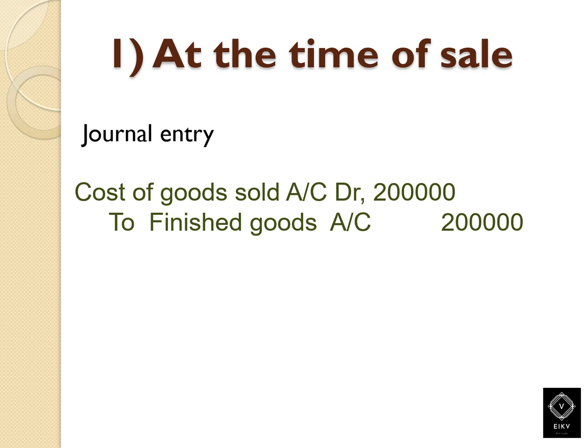In the previous entry we debited finished goods, right? Finished goods is a current asset, right? So the current asset has been taken over. So we need to reduce finished goods by crediting finished goods for rupees 2 lakh. And cost of goods sold is an expense account where we keep all the expenses related to the production of a particular unit.